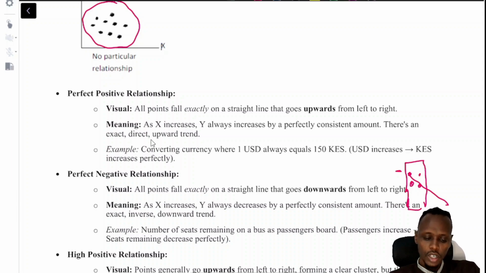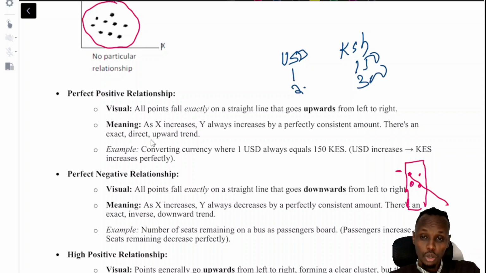For example, you may be trading USD to Kenyan shillings. One USD is equal to 150, 2 USD is equal to 300. If you draw a graph using these figures, here is, let us say, 1, 2, 3, and here are Kenyan shillings: here is 150, here is 300.